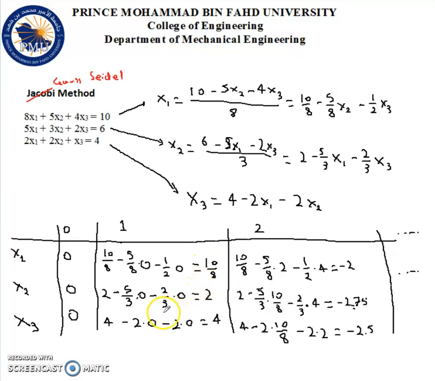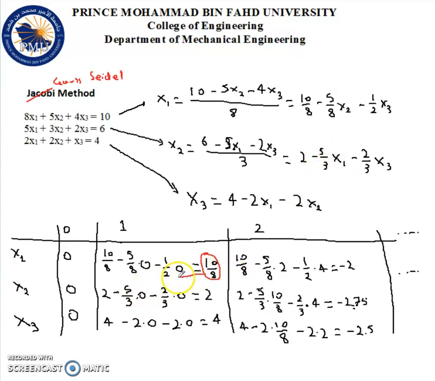Now, when we go to calculate x2 for our first iteration, we are going to use the x1 that we already know. So in other words, our new x2 is going to be 2 minus 5 over 3 x1.